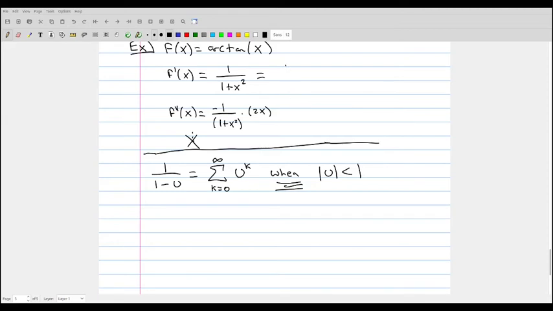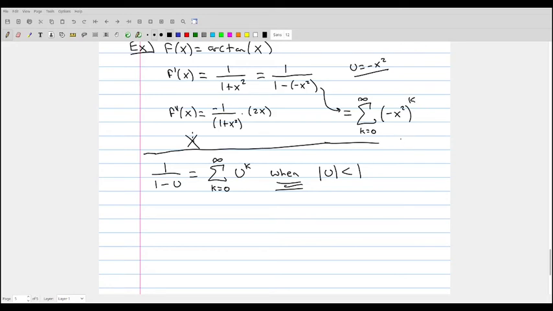It's not exactly that, but if we rewrite this as 1 over 1 minus negative x squared, and we call u negative x squared, then this expression is the same thing as the sum from k equals 0 to infinity of u to the k, or negative x squared to the k.